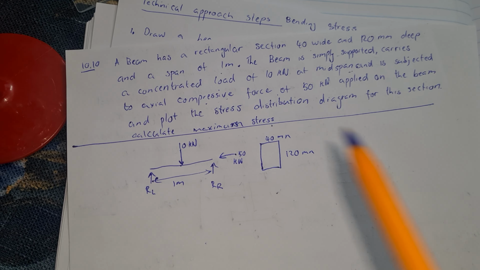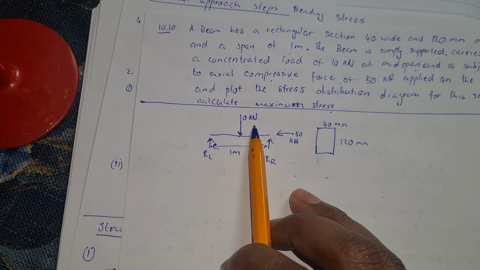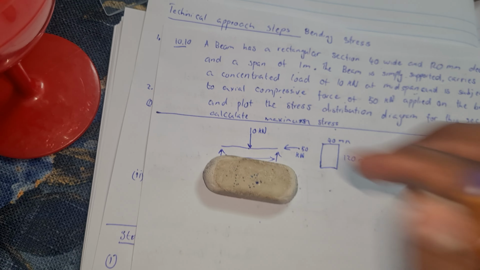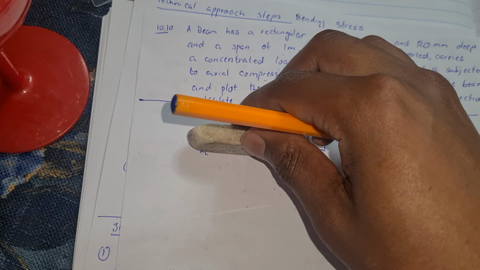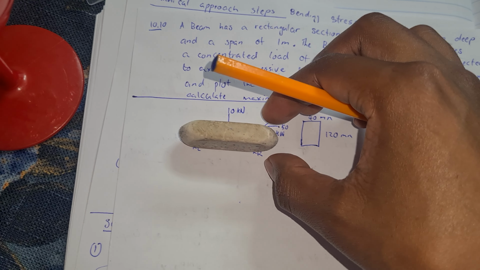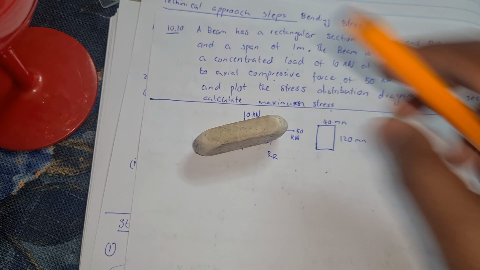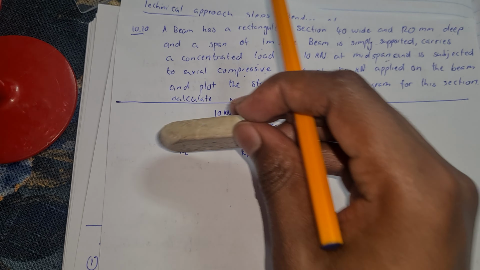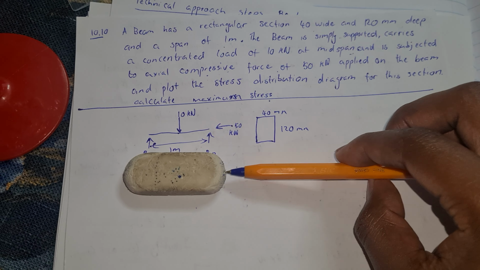So here, let's look at the 10. Does the 10 cause a direct stress? Let's see. The 10 only causes bending stress. You see it's along the thin side of the beam, so it causes only bending. The 50 is on the cross section, it is perpendicular.